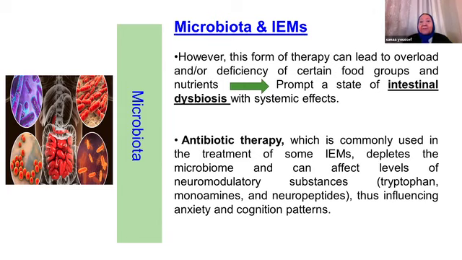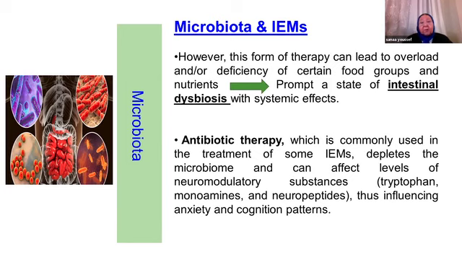So it is going to result in a state of dysbiosis with its systemic effects. But it is usually out of our hands, and we should replenish this by proper modulation of the nutrition therapy, and this is why nutritional therapy has the utmost importance in managing these patients.